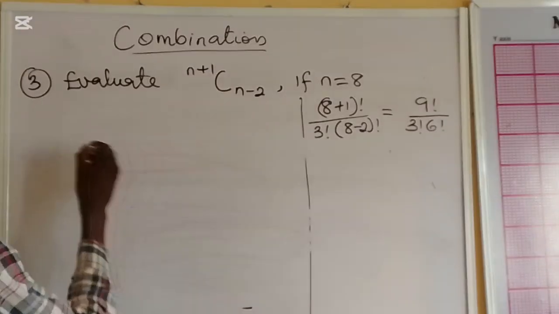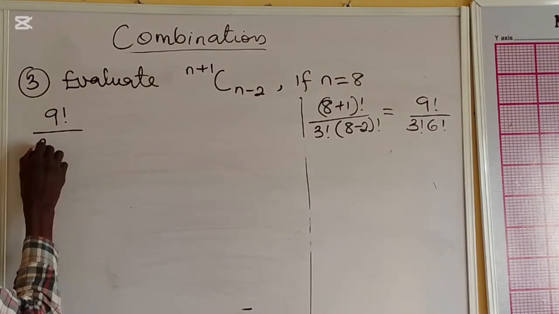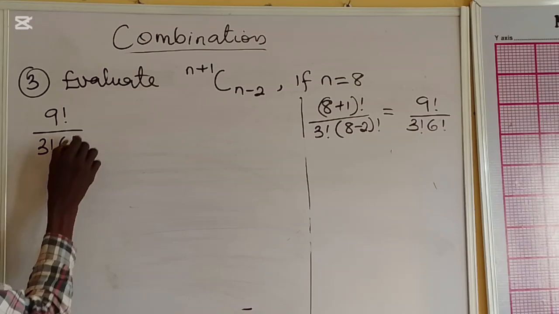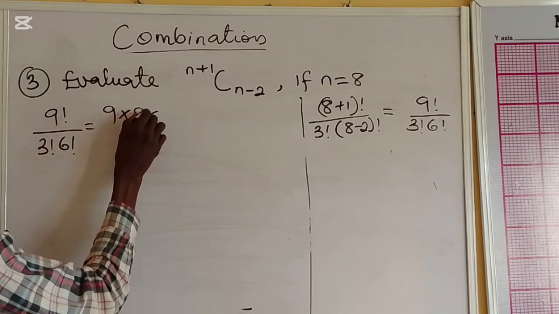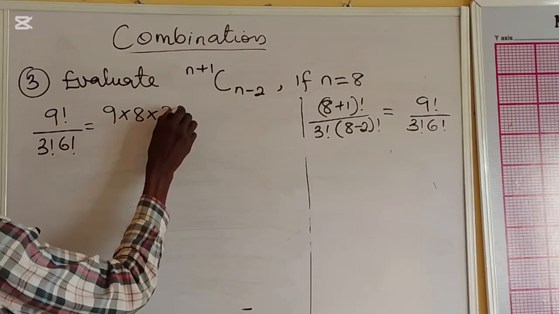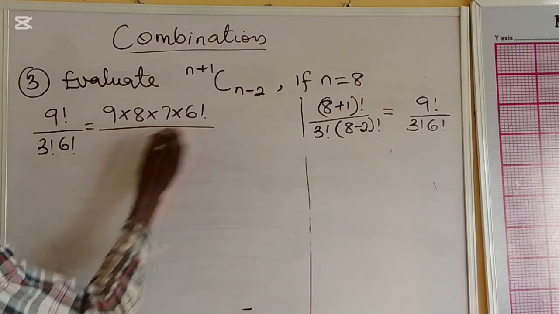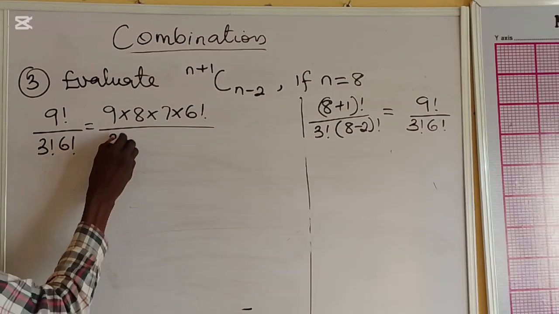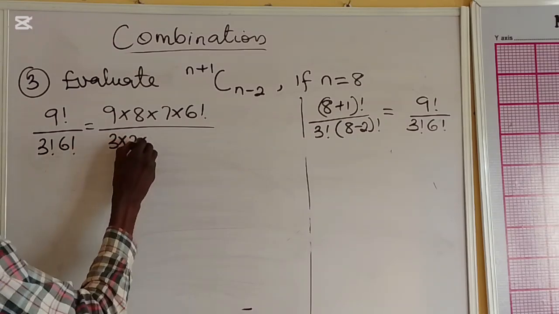Alright. 9 factorial over 3 factorial 6 factorial simply means 9 times 8 times 7 times 6 factorial. I want to end with this factorial here. Right? This 3 factorial is 3 times 2 times 1.